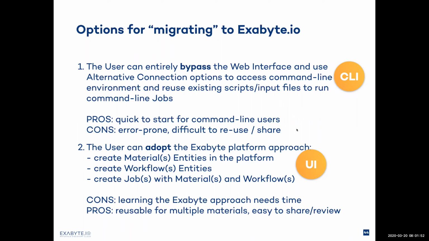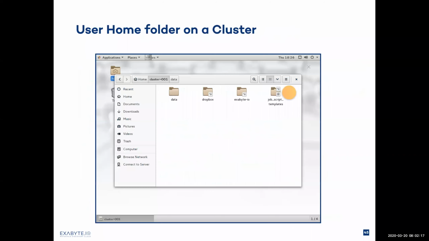There are again two options that we can use to execute the simulations, and we'll label them CLI and UI. We can either copy the files directly into the platform infrastructure through the command line, or we can create the reusable entities. Excuse me. So we'll speak first about the CLI scenario, and then we'll proceed to the UI option.